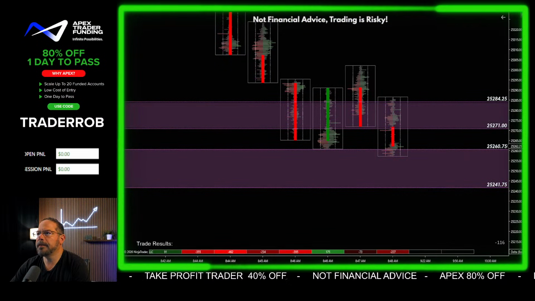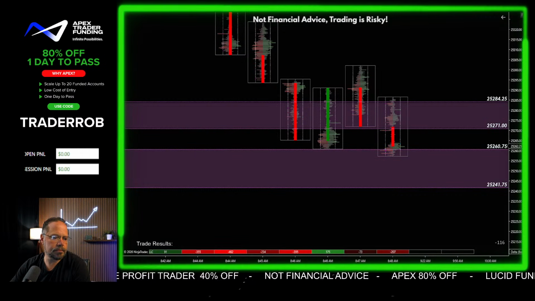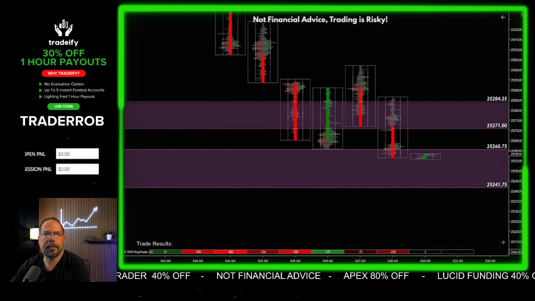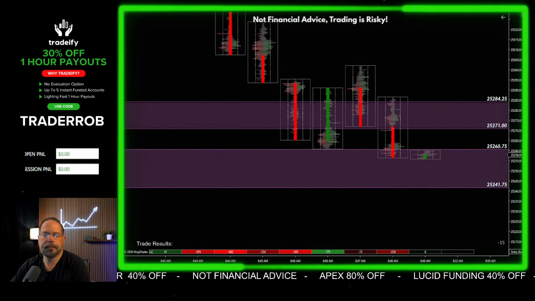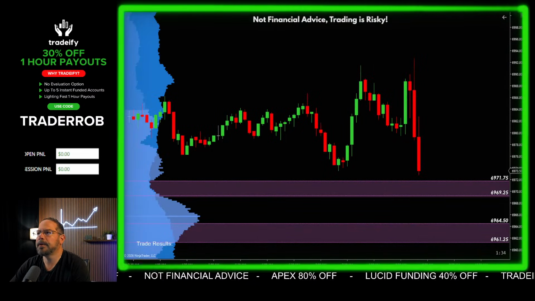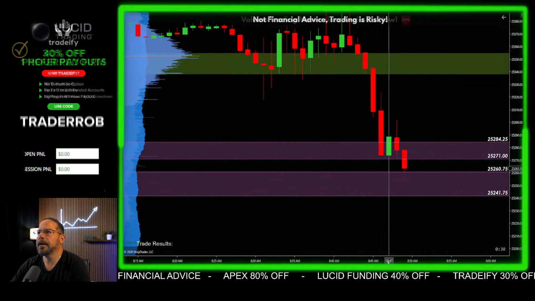Okay, strong negative delta here. ES is tapping into its first band there. Not just yet, but close. Bigger picture on the NQ, just still take a look at it.